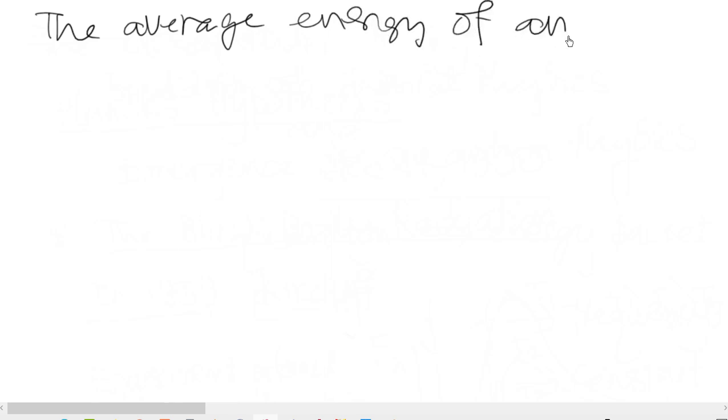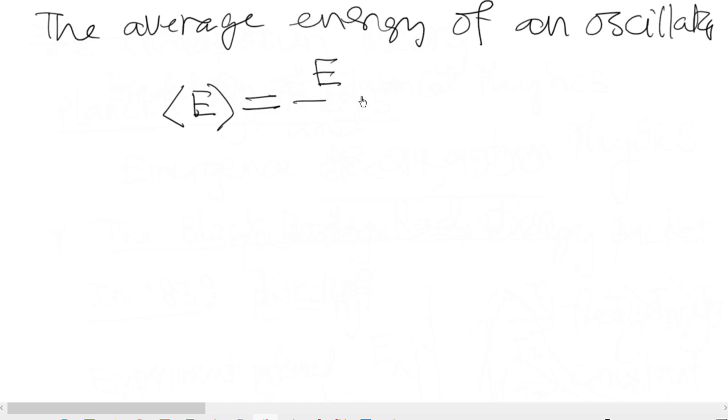we can find out the average energy of an oscillator. So the average energy of an oscillator, we denote it by this, and which is the total energy of all the oscillators divided by the number of oscillators.